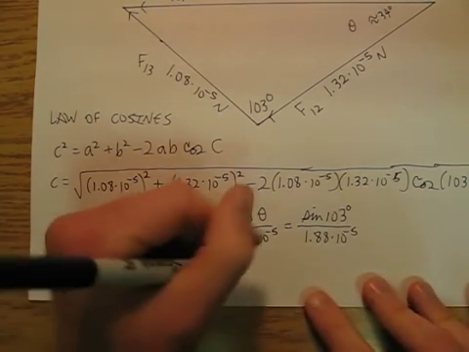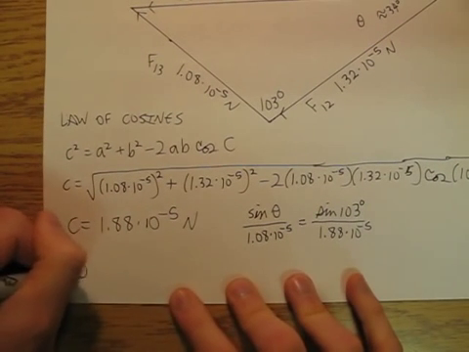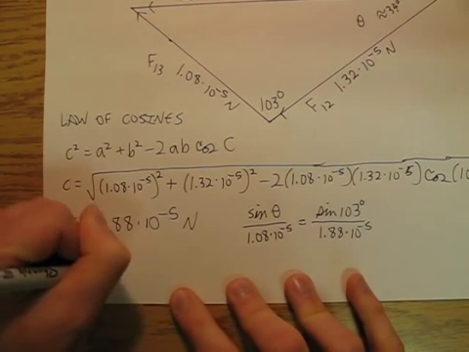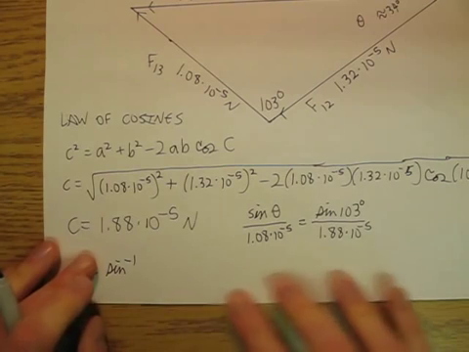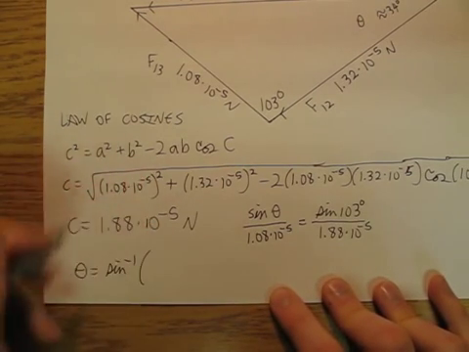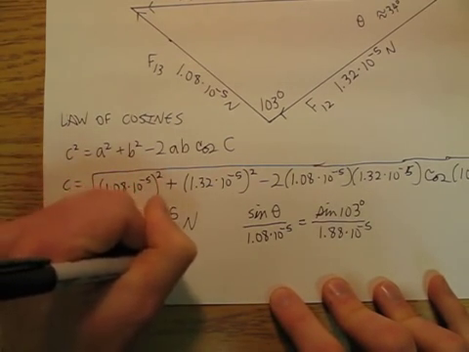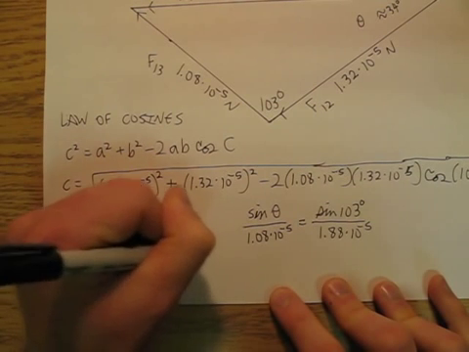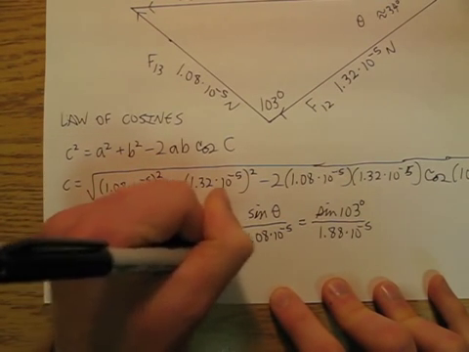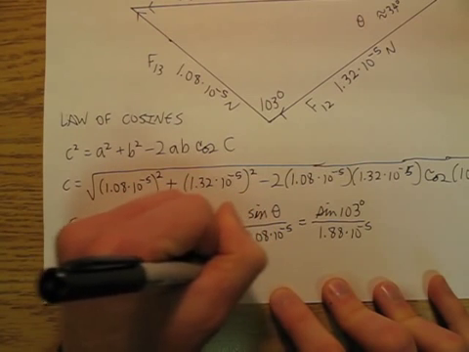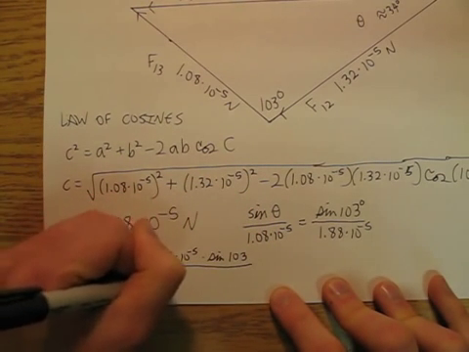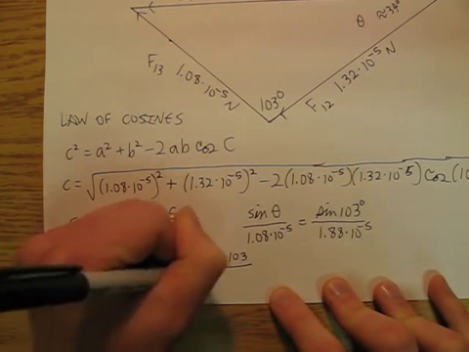And so we're going to say theta equals sine inverse of 1.08 times 10 to the negative fifth times sine of 103 divided by 1.88 times 10 to the negative fifth.